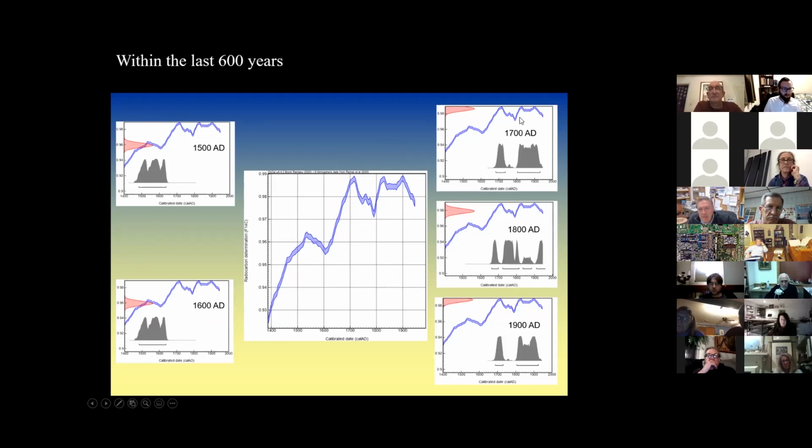And things that are more recent, within the last 300 years, have slight variations in them, but they still have these atrociously large date ranges. So within the last 500 years, radiocarbon dates really give you two answers: 1450 to 1650 and 1650 to 1950.